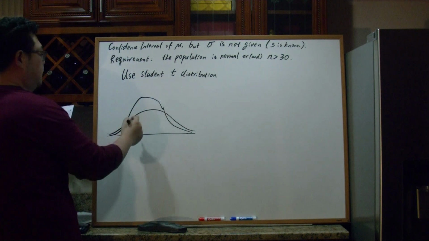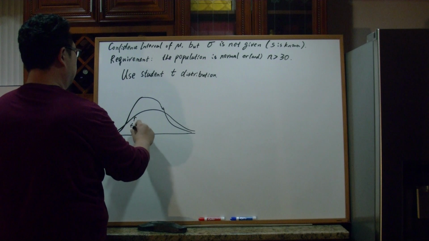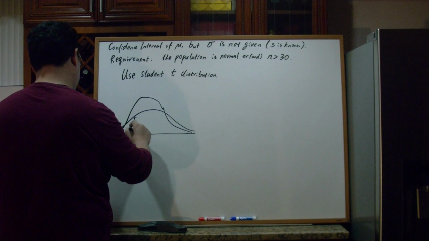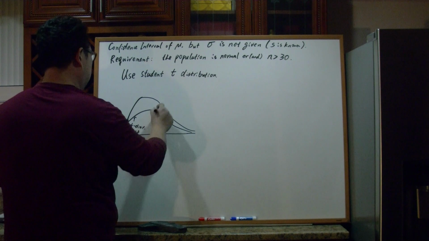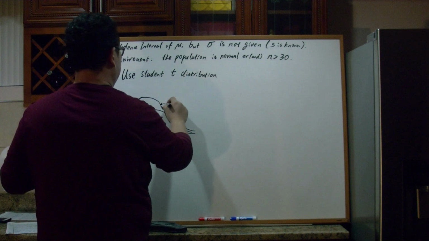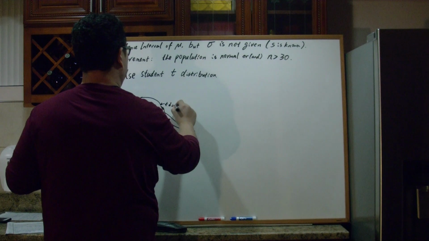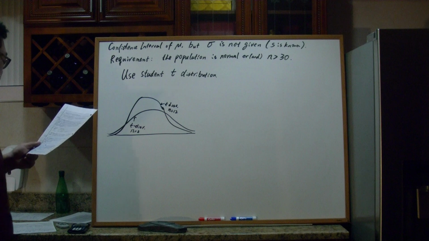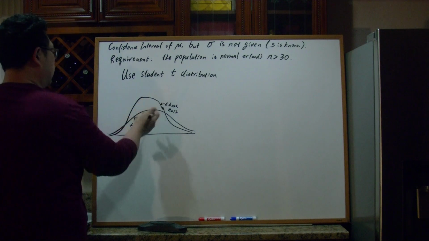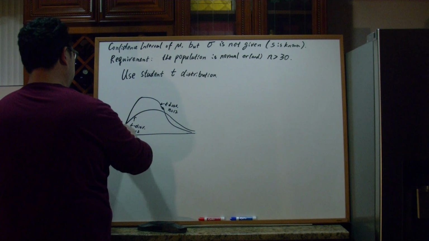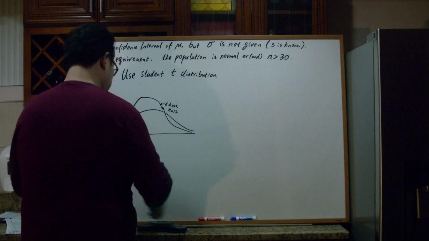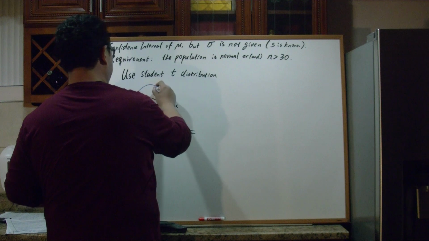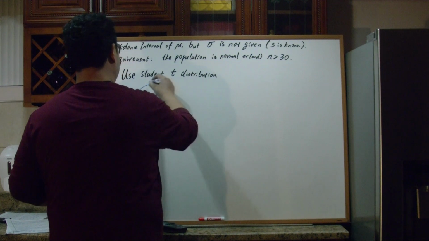Right, the first curve below, that's the t-distribution with n equal 3. This one is the t-distribution for the larger n. Right, and when the sample size is increased more and more, it will look more like a standard normal distribution.